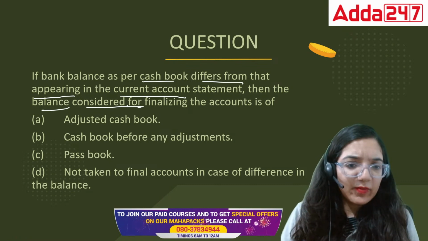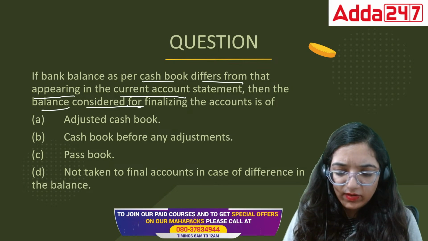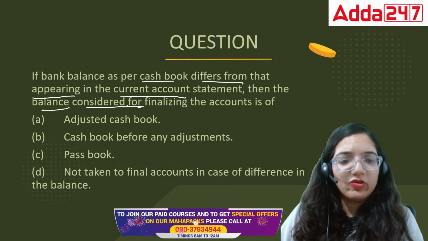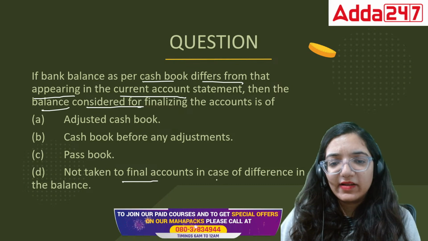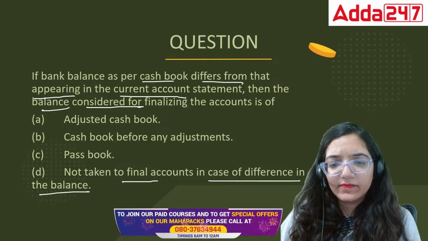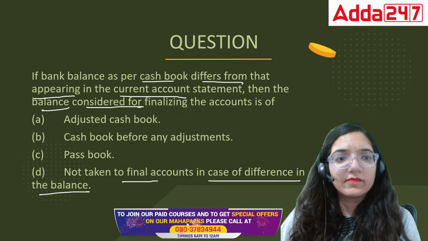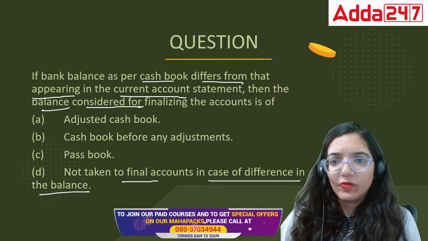What would it include, everyone? Adjusted cash book, before any adjustments, or the passbook, or not taken to the final accounts in case of the difference in the balance? What would be your answer?